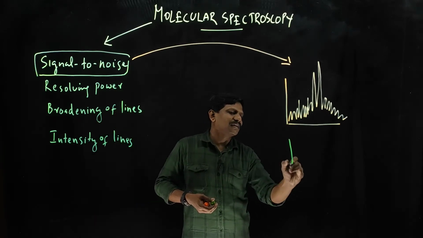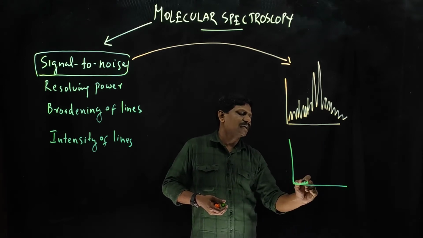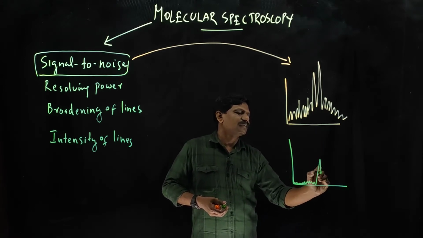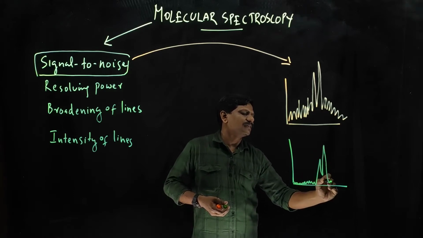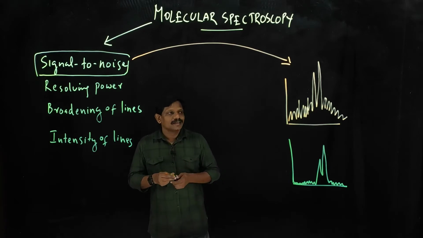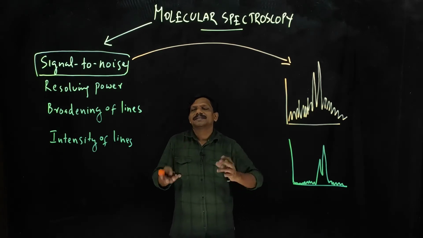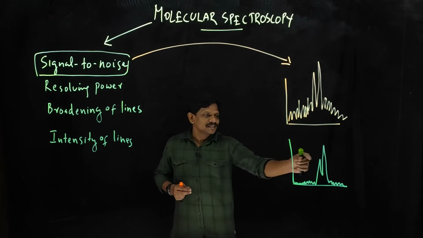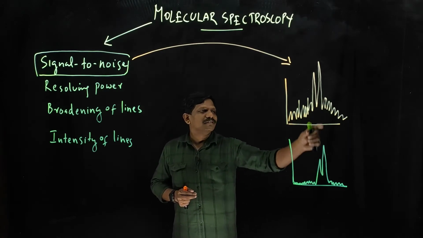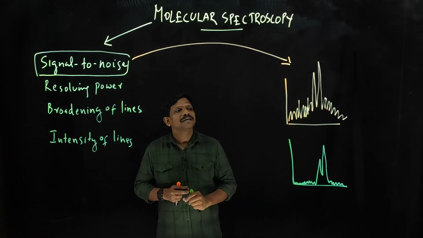The actual spectrum of this particular system will be like this, and like this. Here you can define the difference between signal and noise. This is your actual signal, but sometimes different types of noise appear in the spectra.